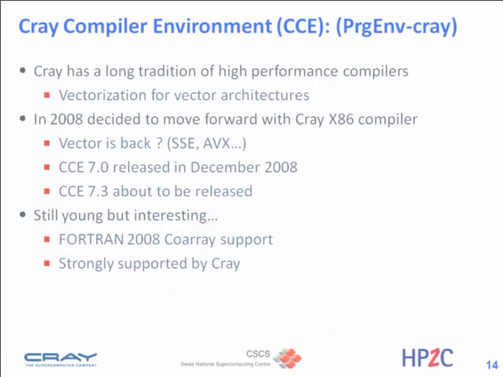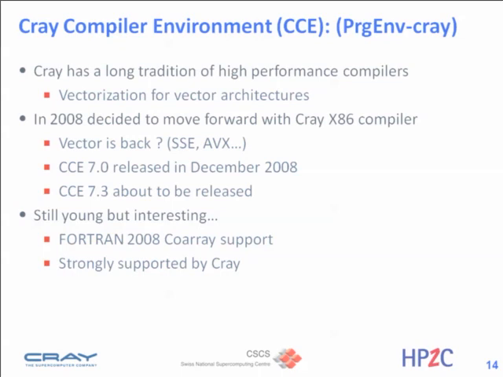In 2008, we decided to take the old vector compiler and use it as a starting point to generate a compiler also for the scalar processors, also for the x86 processors, because the new chips were featuring sort of vector features. The SSE instructions were short vectors. The new AVX feature in the next generation machines is a vector instruction.